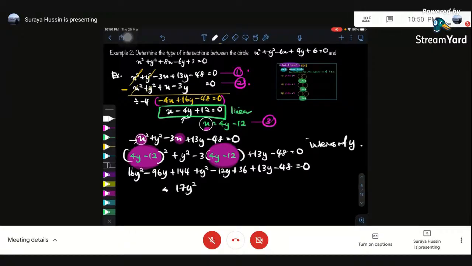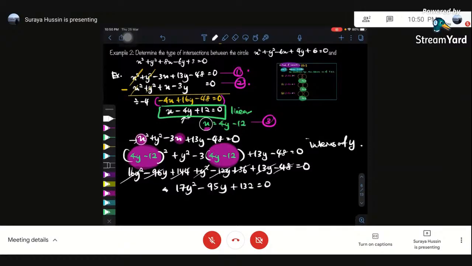You will get 17y squared minus 95y. Ni 13 tolak 12 1. Sebab itulah negative 95. And then here, use your calculator. You will get plus 132 is equals to 0.